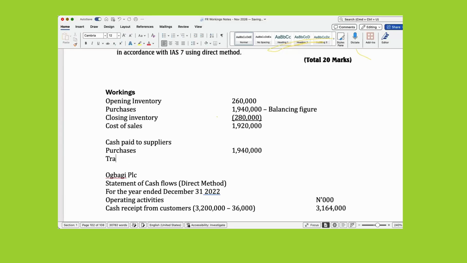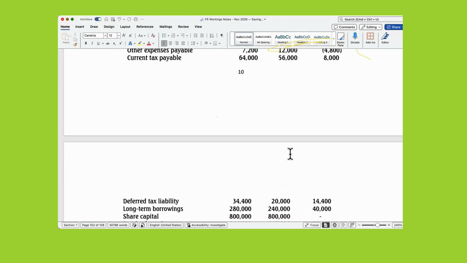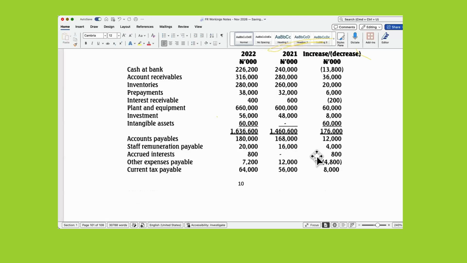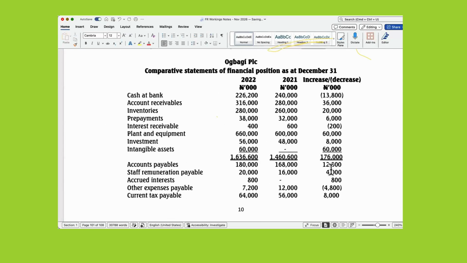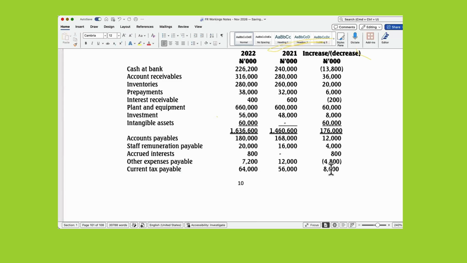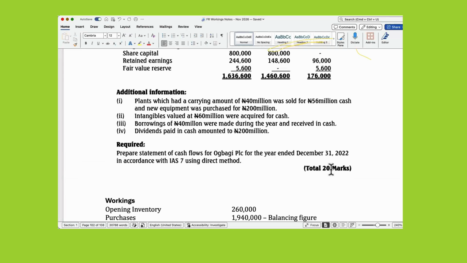I will deduct my trade payables for the year, just like I did for sales. So my trade payables for the year is just my increase in account payables, which is 12. Yes, it was 12. Yes, 180, 168, that's 12.